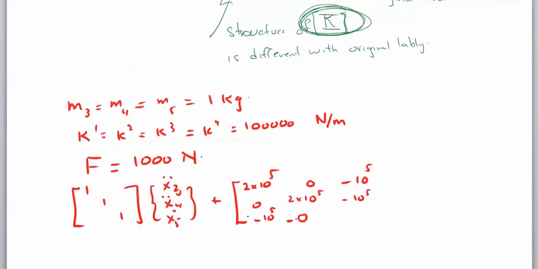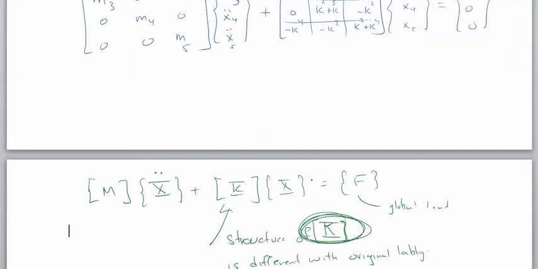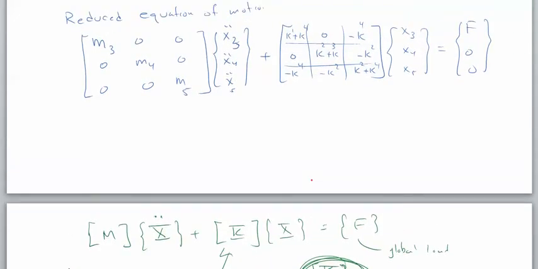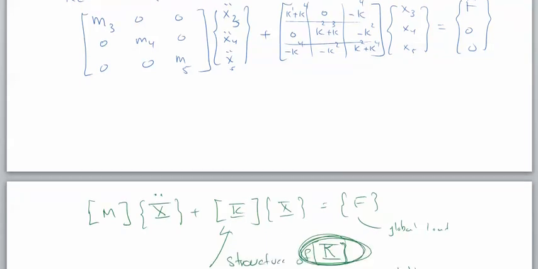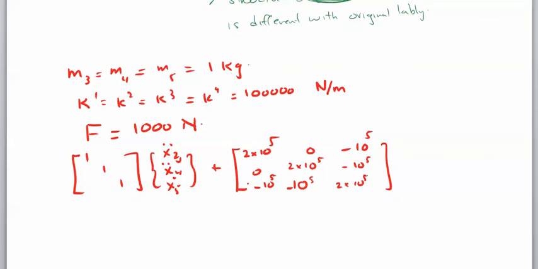This is minus 10 to the 5. And this is also 2 times 10 to the 5. Oh, something is wrong here then. Just bear with me for a second. No, that's okay. That's okay. Times x3, x4, x5 equal to 1,000, 0, 0.